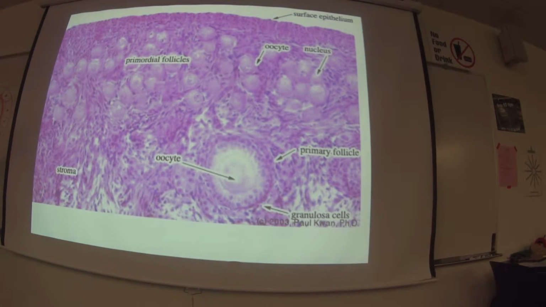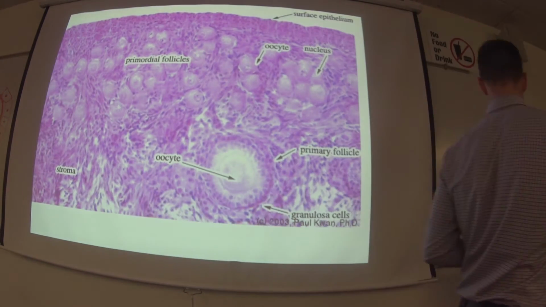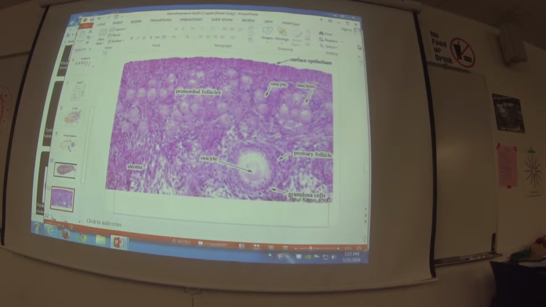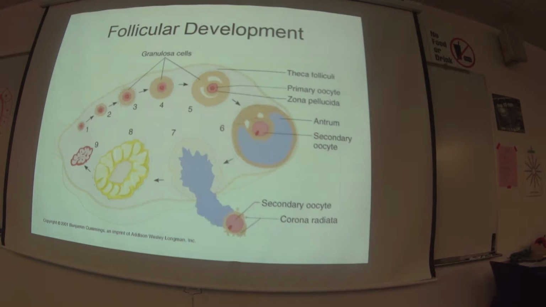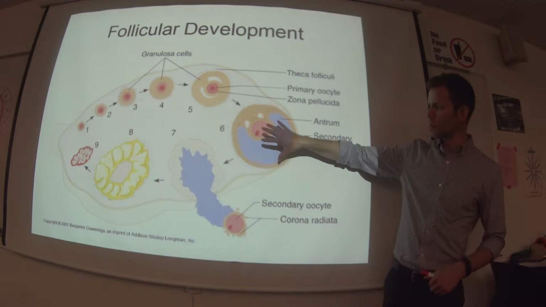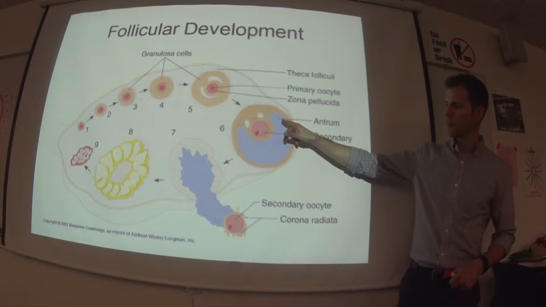Primordial up at the top, primary follicle down here. And then this one, again, just to emphasize the difference in size. What you'll see later on, taken at a different time for a different slide, you'll get these much, much larger ones where you see this very well-developed antrum in here.